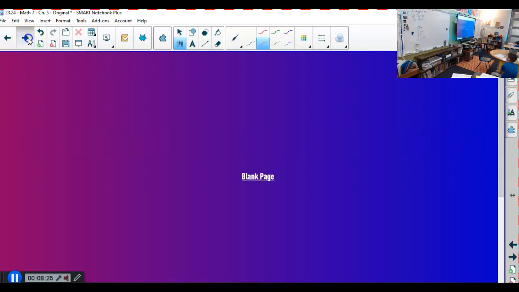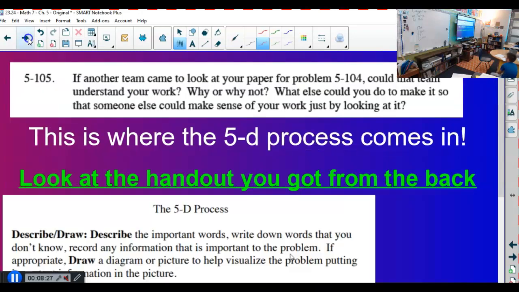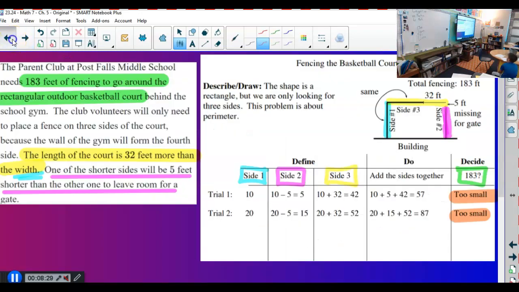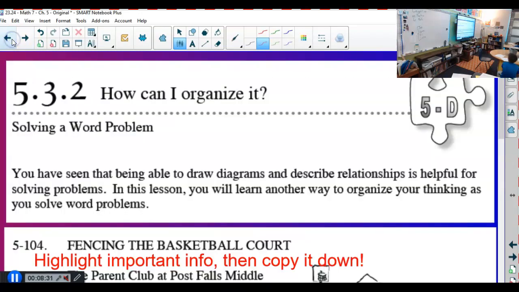All right, so games we haven't had a chance to talk about. Uh-oh, I'm too far now. All right, so 5.3.2, and I forget what I put on your handout paper, so you might want to pull out 5.3.2. You should have grabbed it from the back already.